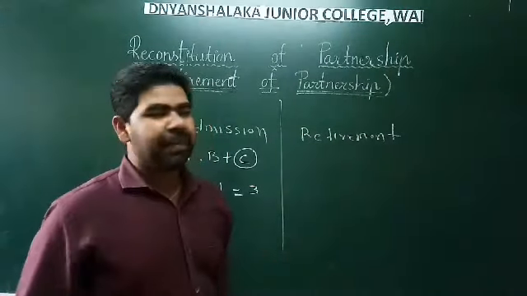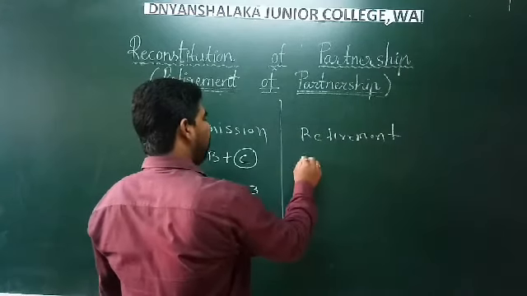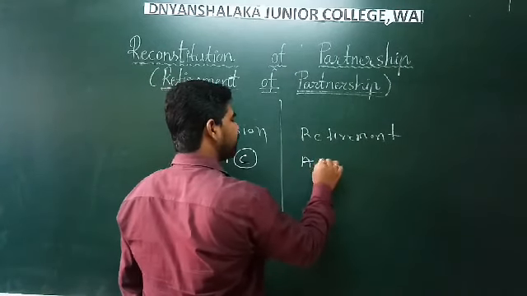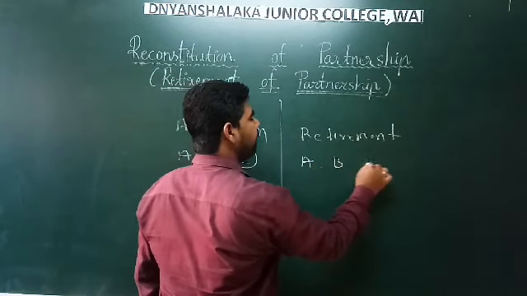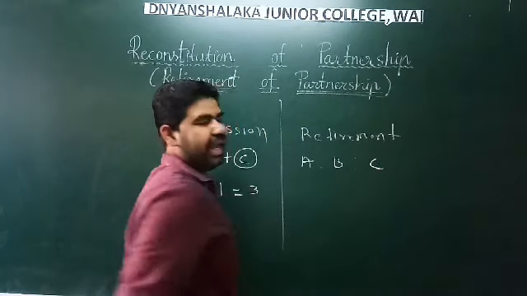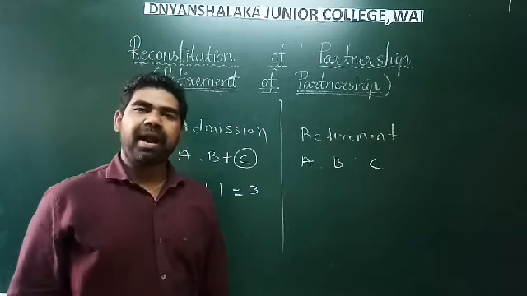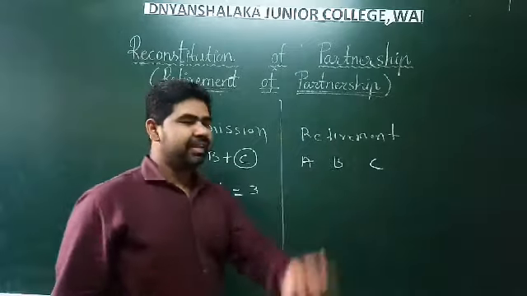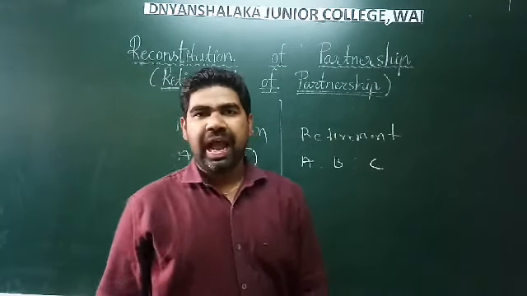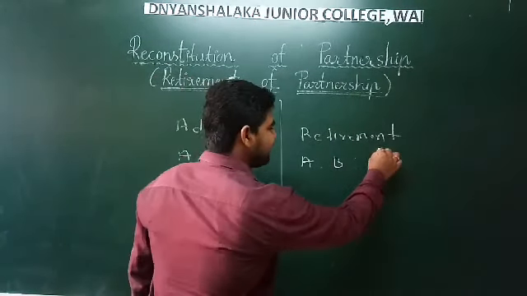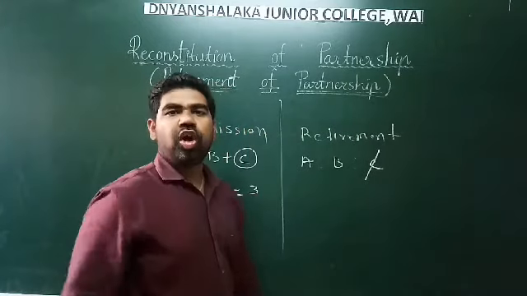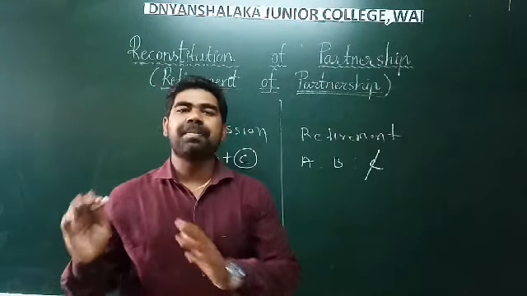Now looking at what happens in the case of retirement. A, B and C are 3 partners who already run the business organization, and now C is not interested to continue with that existing firm to run the business activities.